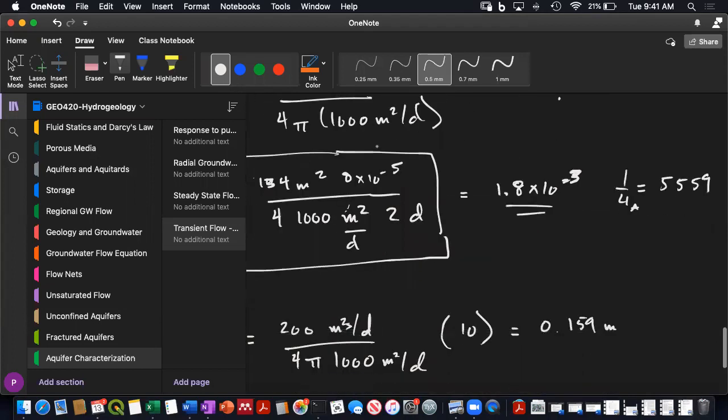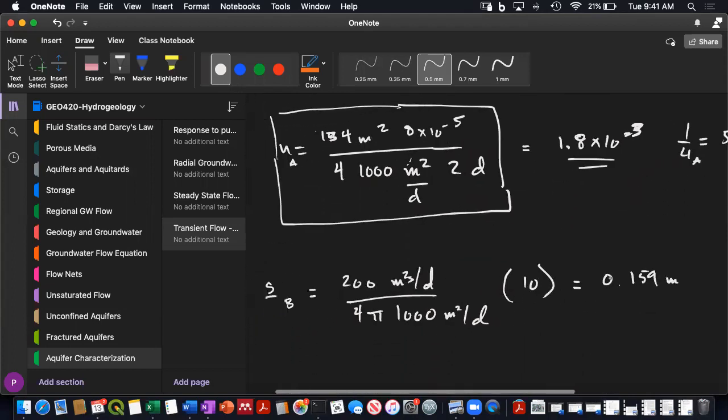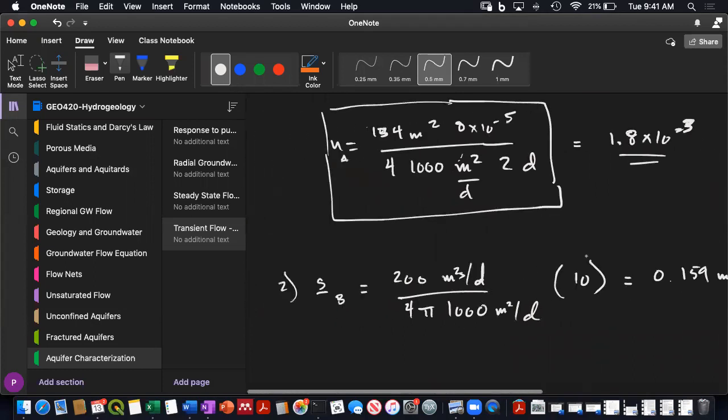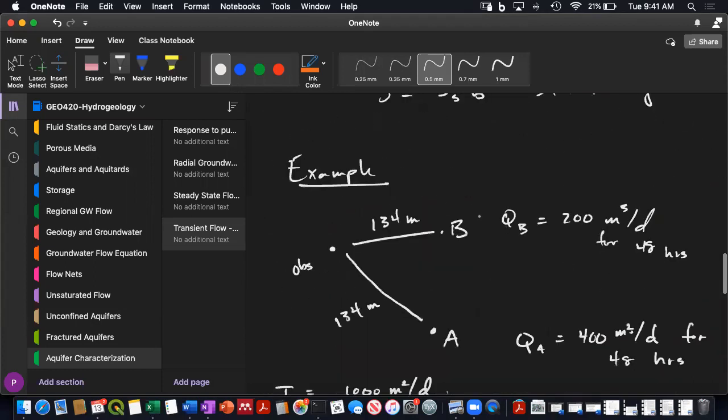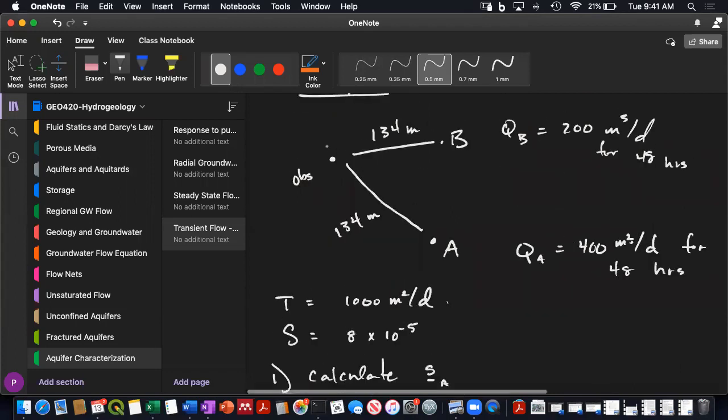All right, so S_A is 0.159. So now, what is the total drawdown at this observation well? If I knew that I had 2 wells pumping, what would the total drawdown at this observation well be?